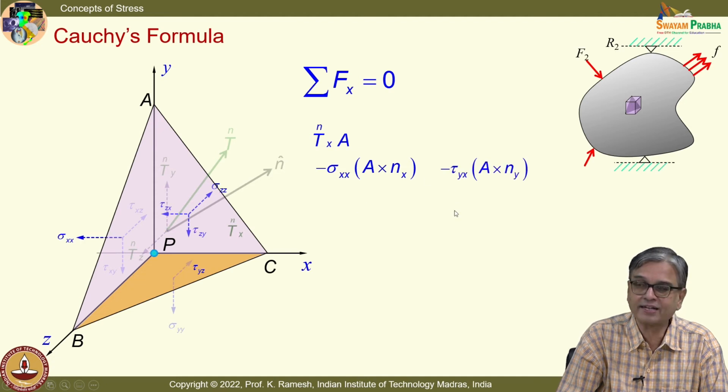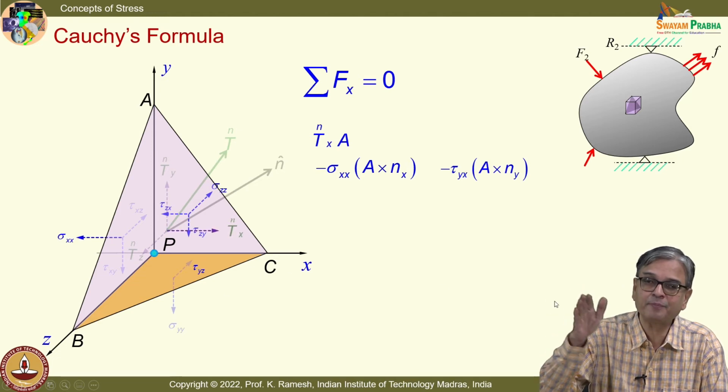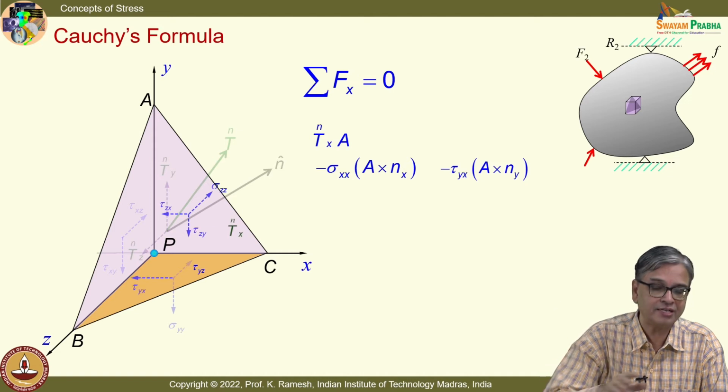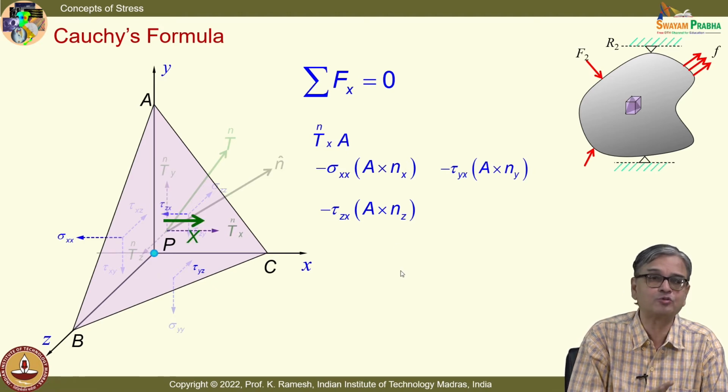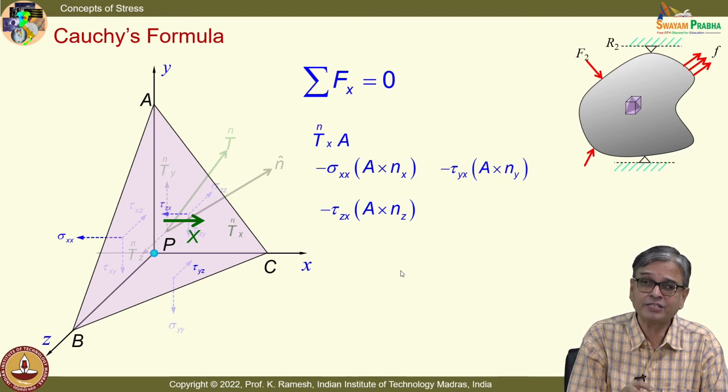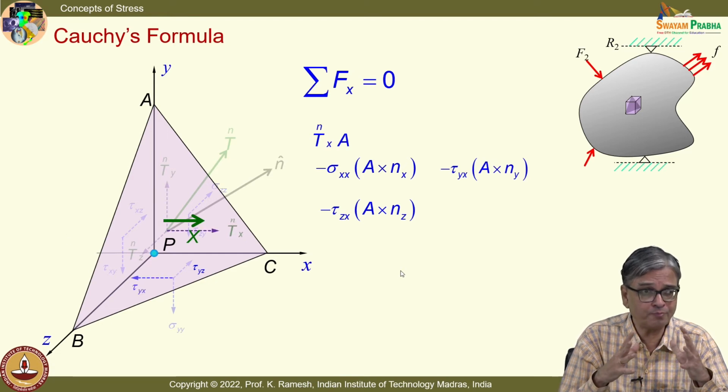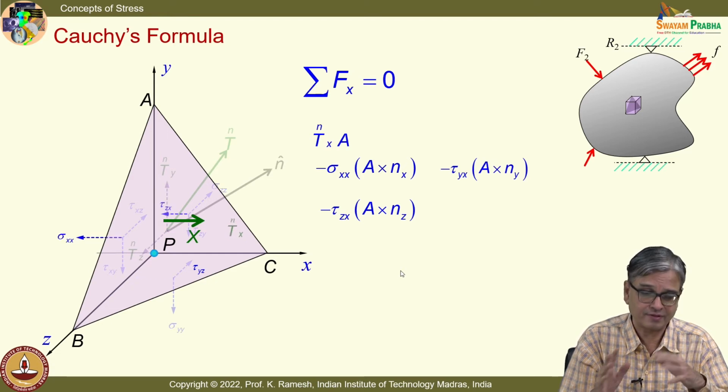So, I have tau yx, and this is related to the area of this plane, that is nothing but the projection of the plane ABC, which can be easily written as A into Ny, and you have this as A into Nz. And now I bring in the body force, because you have to understand that we have written down the equilibrium equation under the action of both body and surface forces, fine.